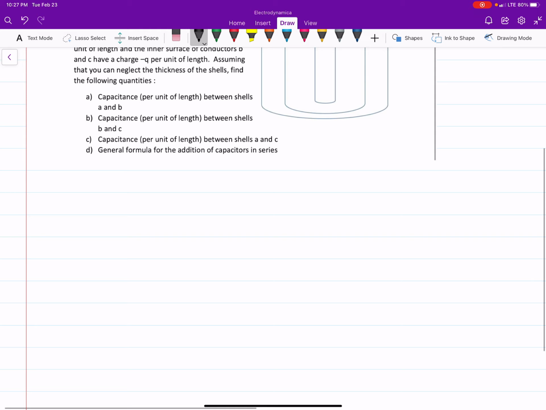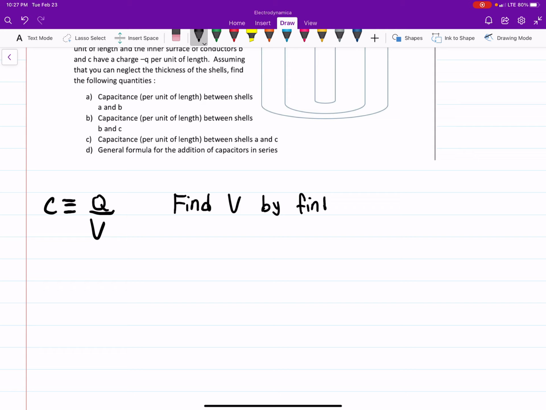So capacitance is defined as our charge Q over our potential V. If we have our potential, we're good to go here. The way that I would find V is by finding our electric field, because your potential is the negative integral of our E field.